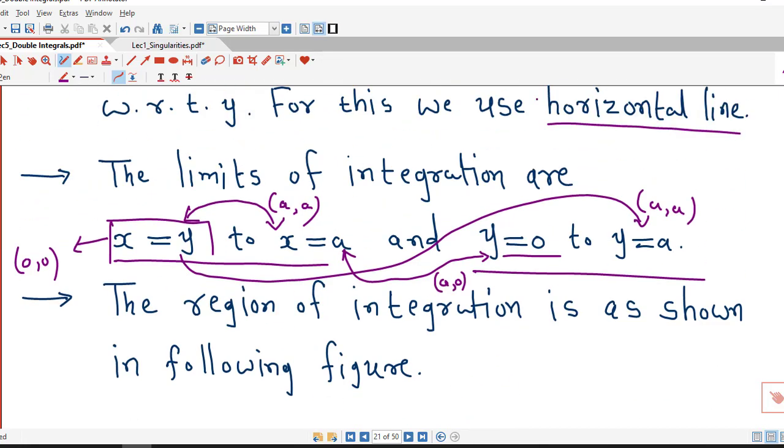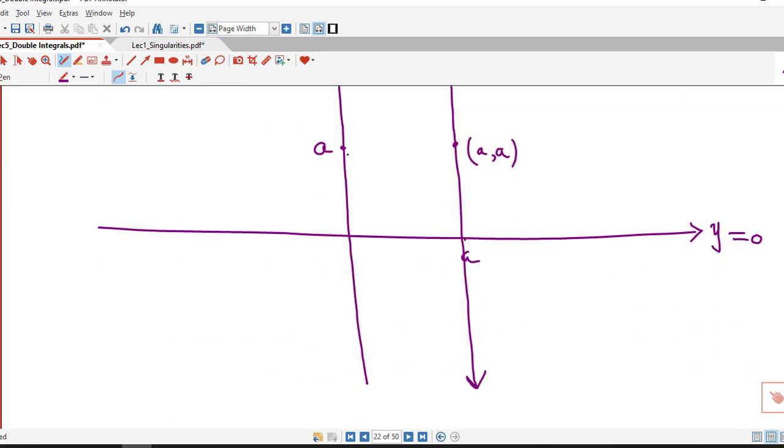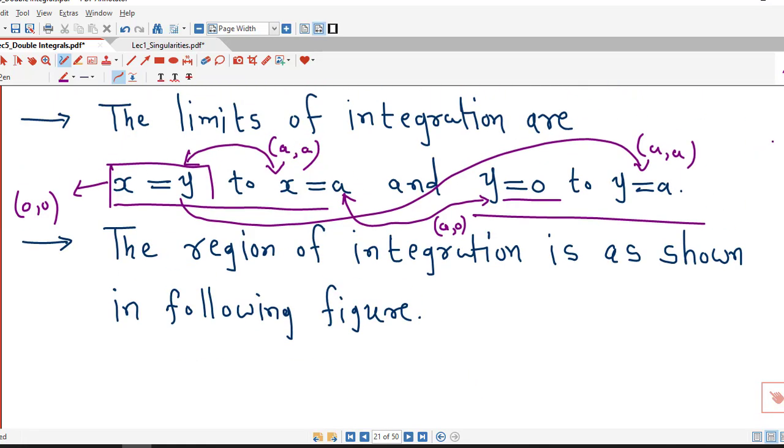The limits of y are from y equal to 0 to y equal to a. So we first sketch this line also. y equal to a is the horizontal line passing through these two points. y is from 0 to y equal to a, and x is from y to x equal to a.